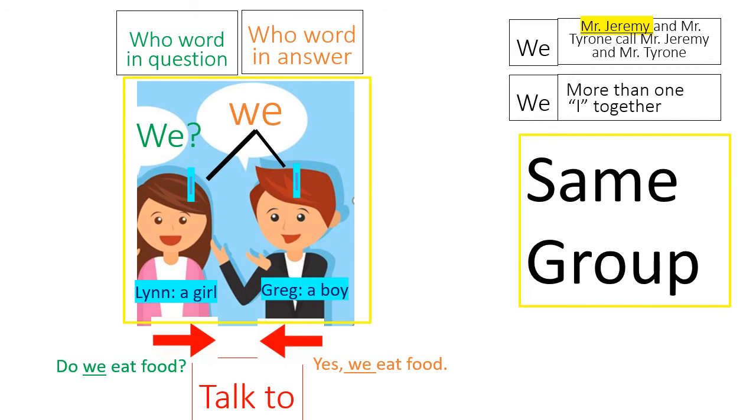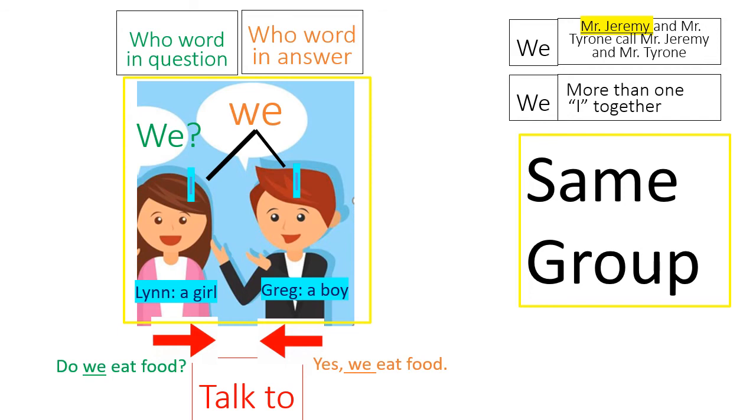So here's a different situation. So Lynn and Greg, remember, are in the same group. So Lynn and Greg call Lynn and Greg we. So if we is the who word in the question, and Lynn and Greg are talking about Lynn and Greg, then the who word in the answer is also we.